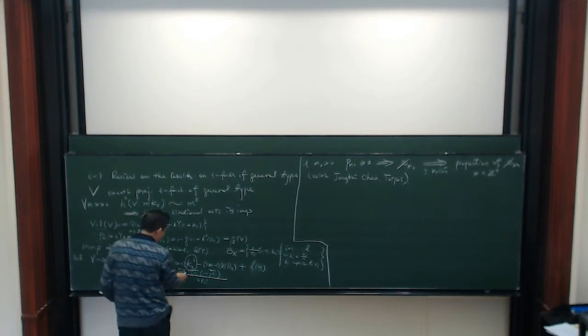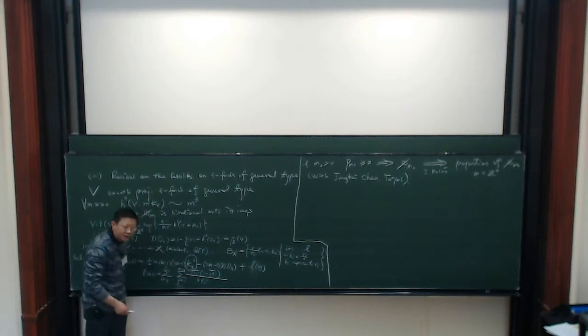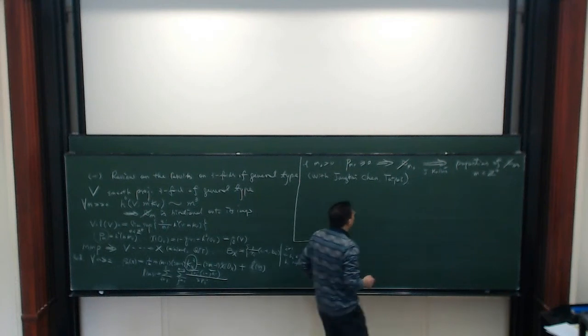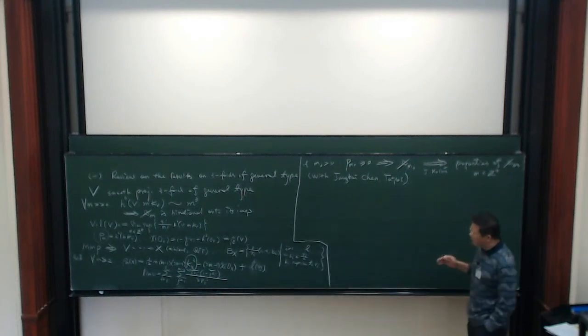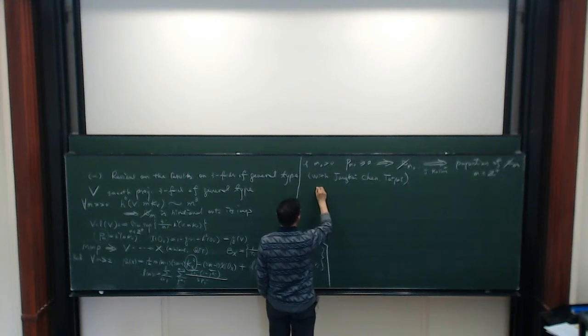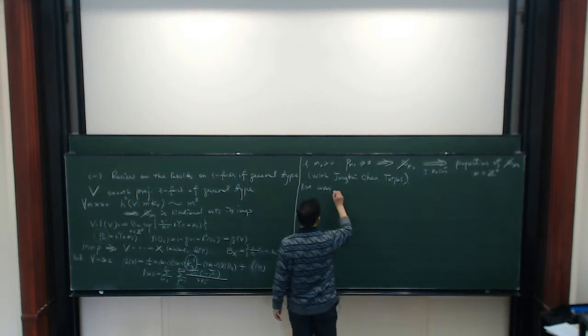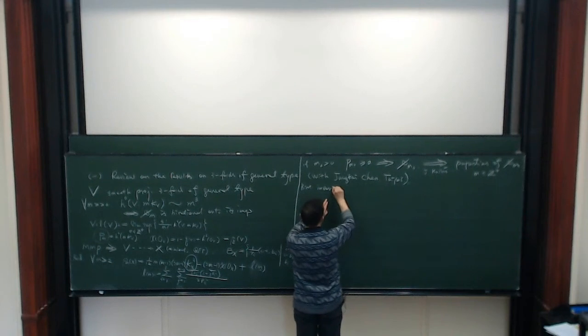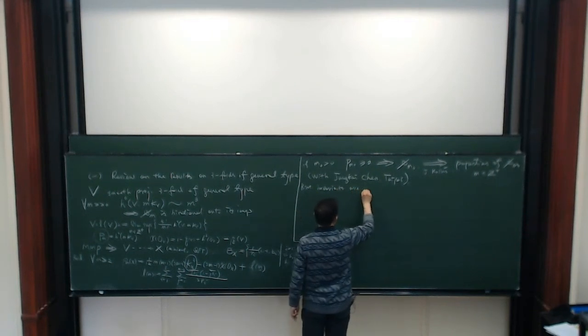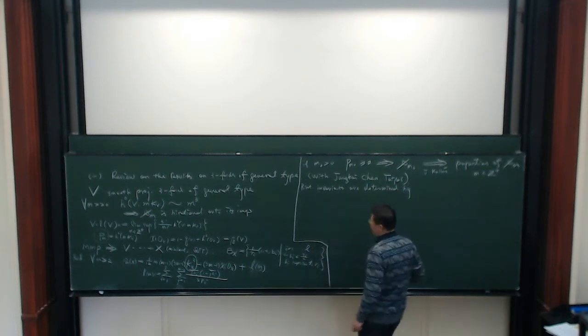The bar is the smallest residue modulo r_i. So we rephrase Meyer's formula. It's easy to see that essentially you can say that the birational invariants are determined by this triple.